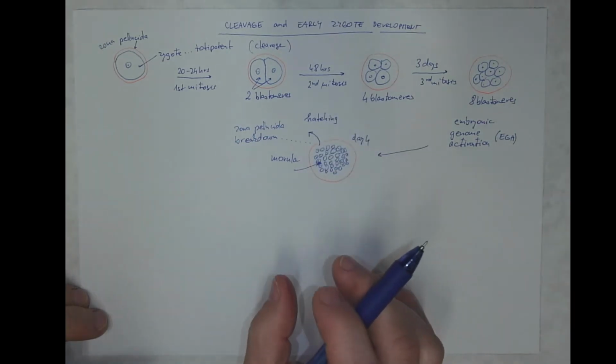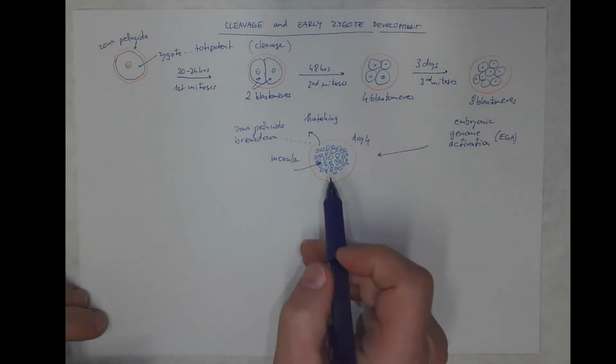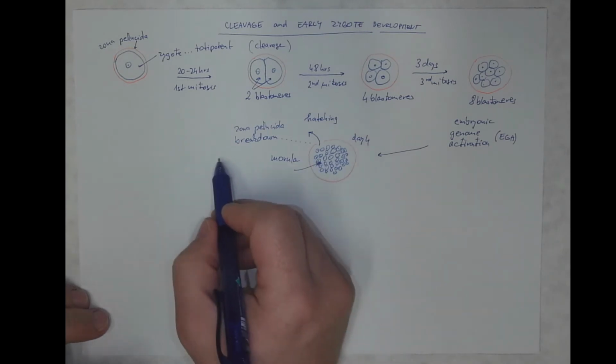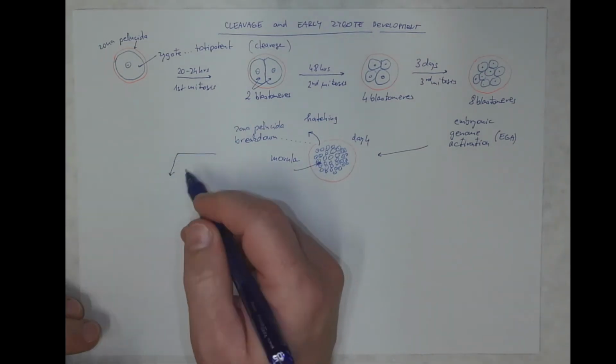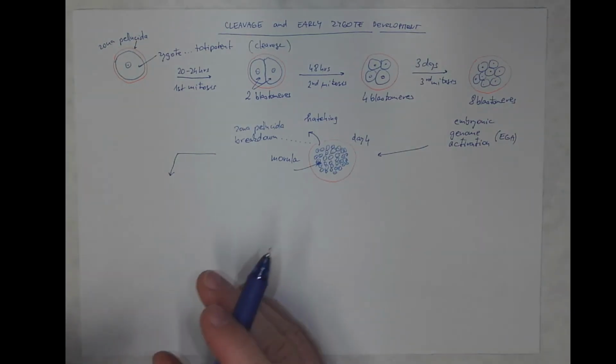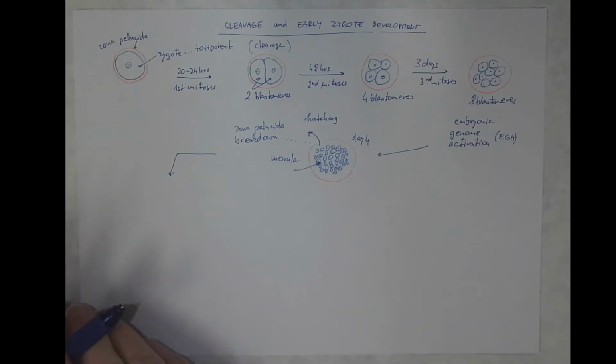Like a small bird is hatching from the eggshell, so it's a hatching. It makes possible for the Morula to grow and being transformed into an object that is not solid anymore but has a cavity inside.